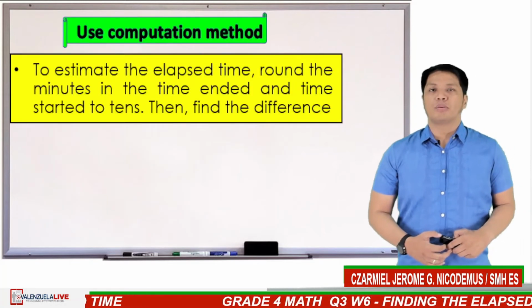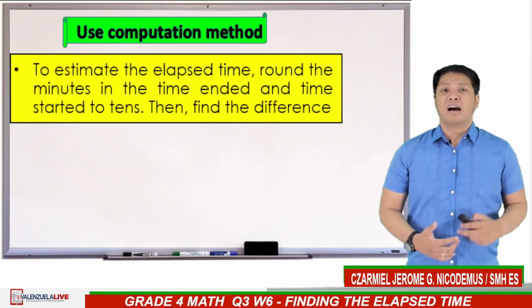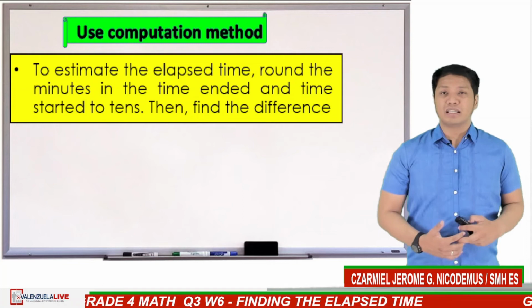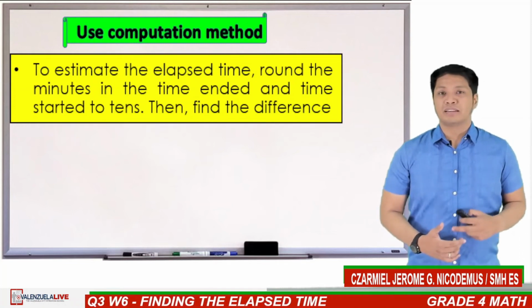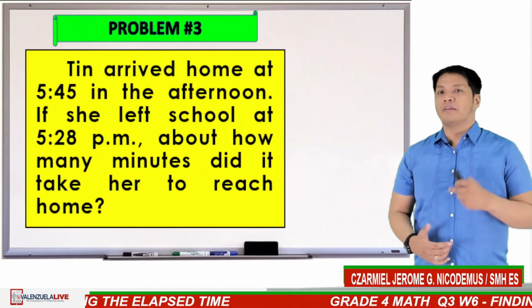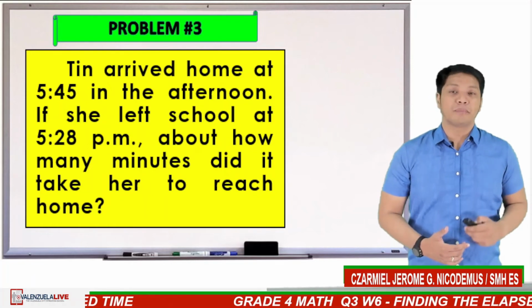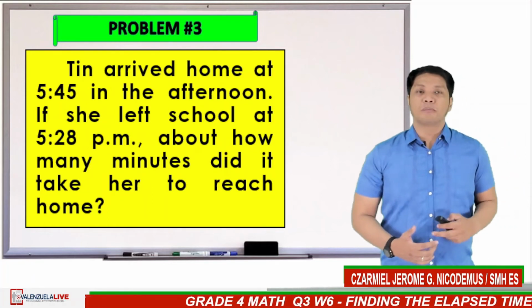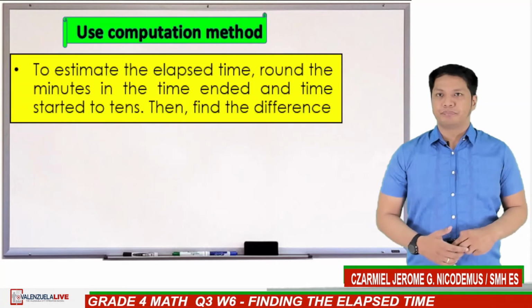So let us use the computation method, which is to estimate the elapsed time. Round the minutes in the time ended and the time started to tens, then find the difference. So if we analyze this, there are words about how many minutes. So we need to find the estimated elapsed time for this word problem.